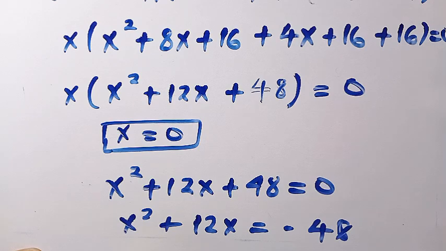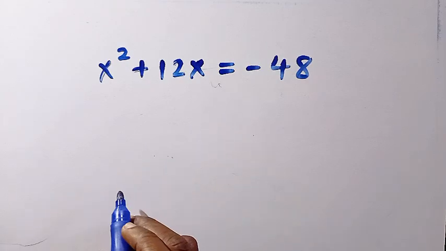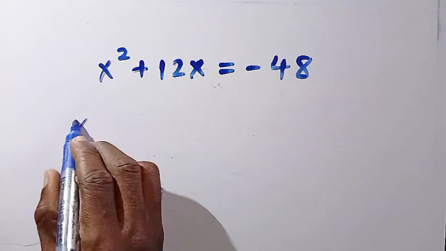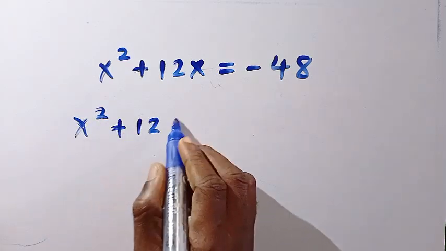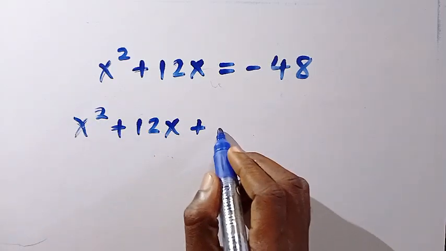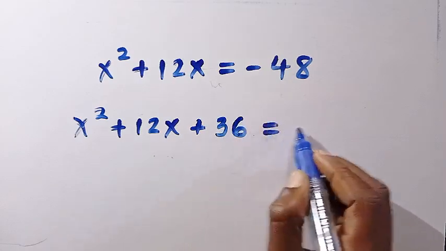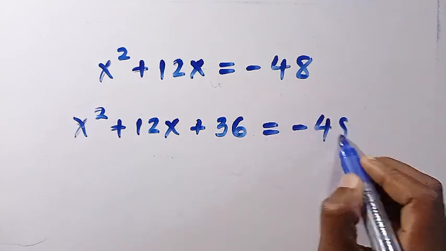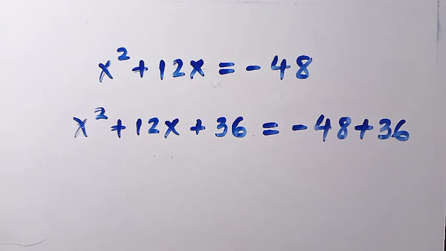Then we have x^2 + 12x = minus 48. Let's add 36 to both sides. So here we have x^2 + 12x + 36 = minus 48 plus 36.